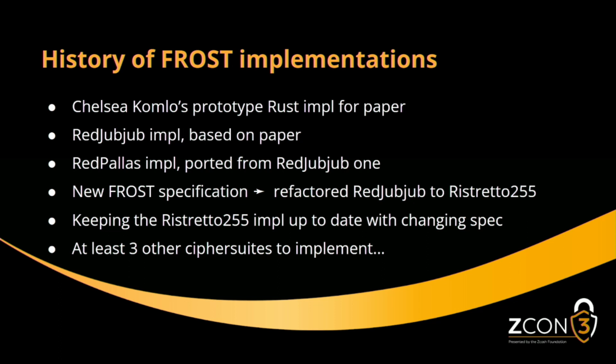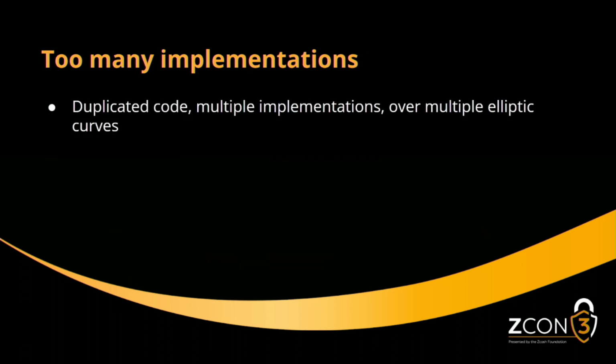So a lot of code, a lot of churn in a lot of areas. Too many implementations are very hard to maintain. If you're trying to keep two of them in agreement, you may have lots of duplicated code. When you have multiple elliptic curves, there are things slightly different between doing stuff over one elliptic curve and doing them over another. This is hard to maintain. Errors come in.